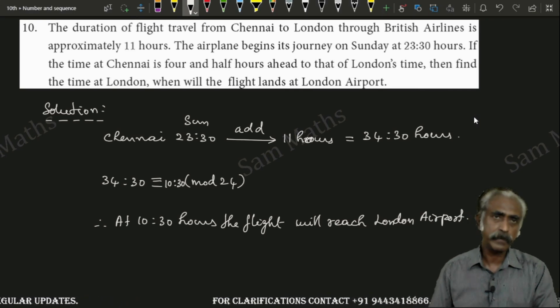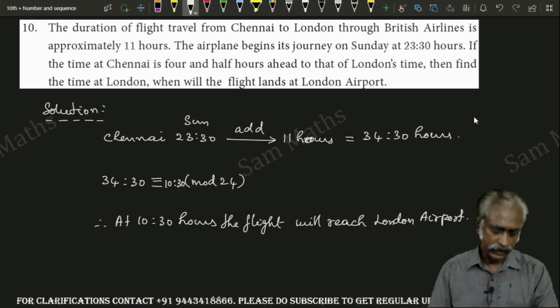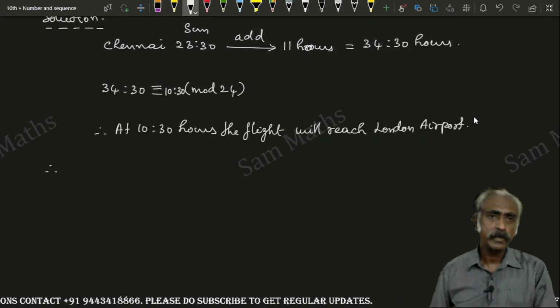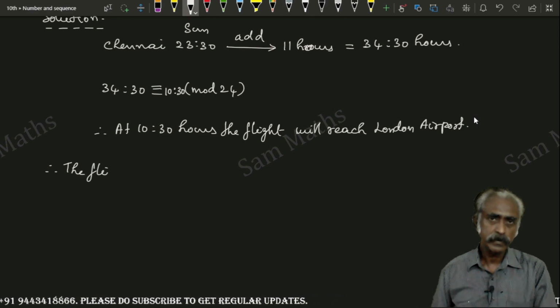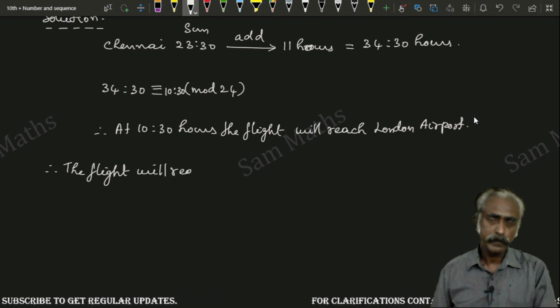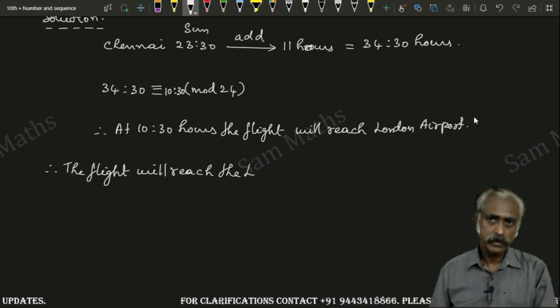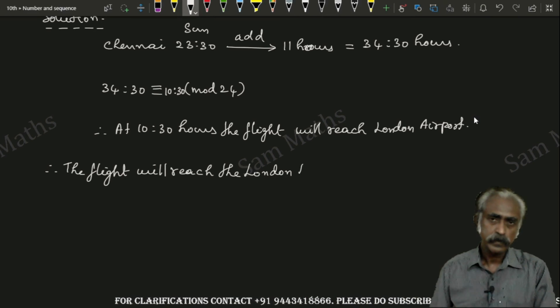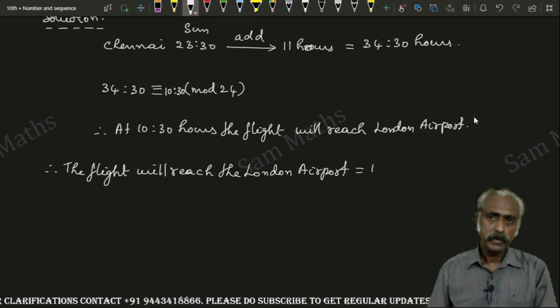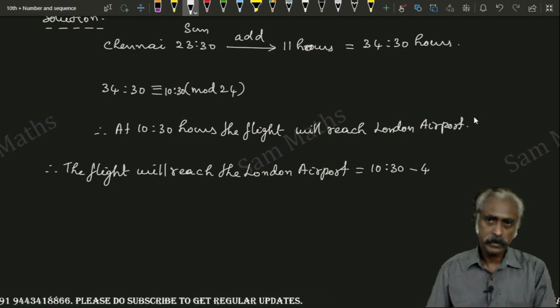So it's given clearly, if the time at Chennai is 4.5 hours ahead to that of London's timing, therefore the flight will reach the London airport is equal to 10:30 hours minus 4:30 hours.